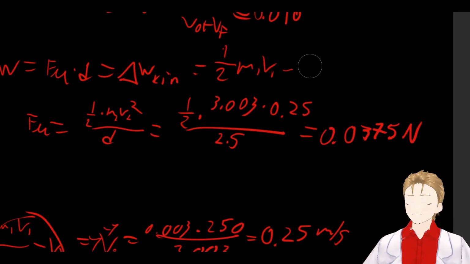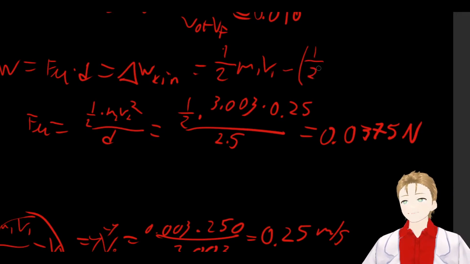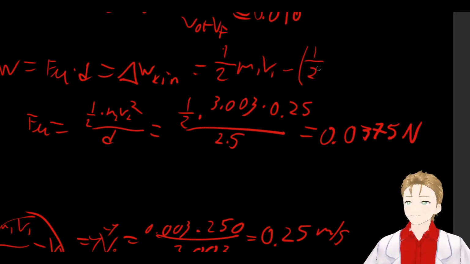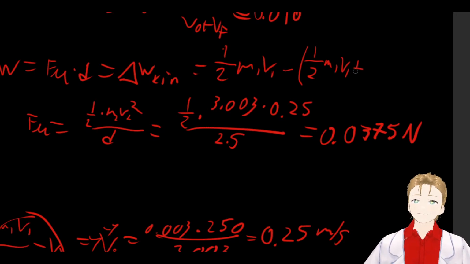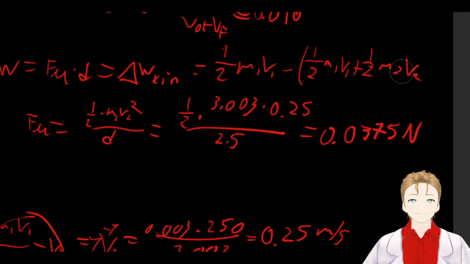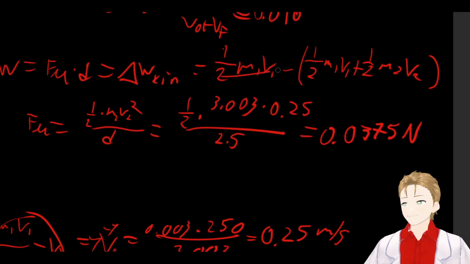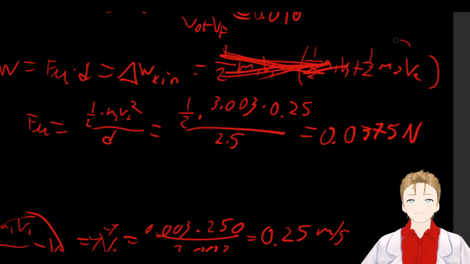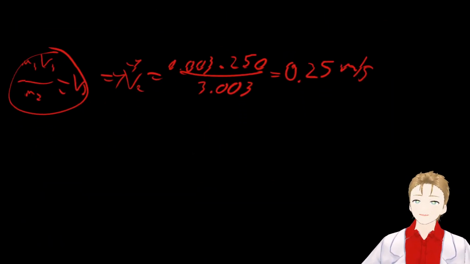So we take that, then we subtract it from that, because we're dealing with the new final energy. To get that final energy, we need to take the first energy and add that to the final energy of the second one. That's how we get that. But because these cancel, at least in this case, we are just left with this. Okay, I think I roughly understand what I'm doing.